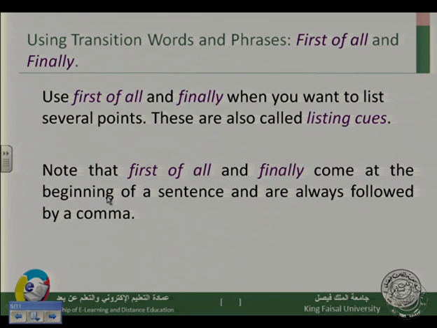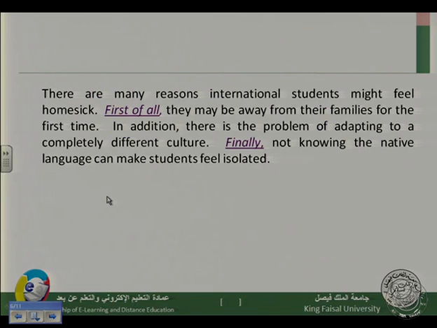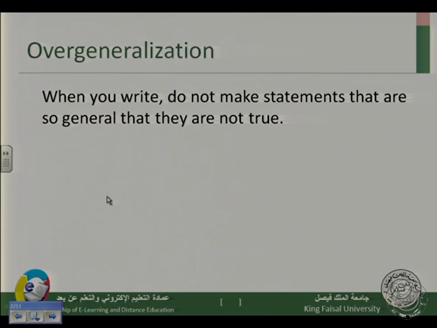In addition, we used transition words and phrases, first of all and finally. And then we moved on to overgeneralizations. Now, we've more or less introduced 3 to 4 ideas in this lecture. Now, these are ideas and methods to use in your writing, when you actually write, not before. So, you have to train yourself on using those.